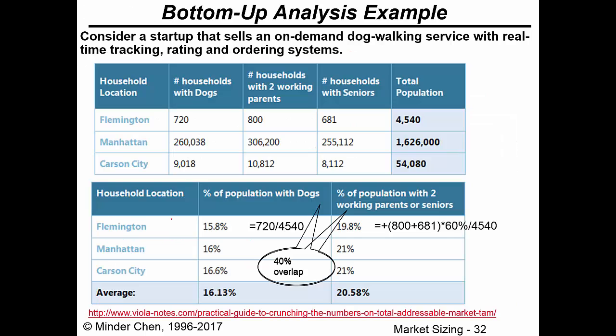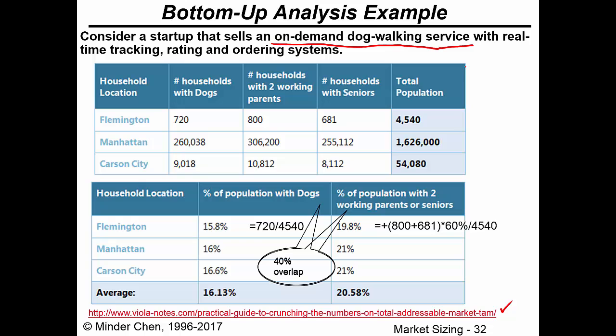Let's do a quick example, which I found from this webpage. Consider you're starting a company that offers on-demand dog walking service, with real-time GPS tracking, a rating system, and an online ordering system.